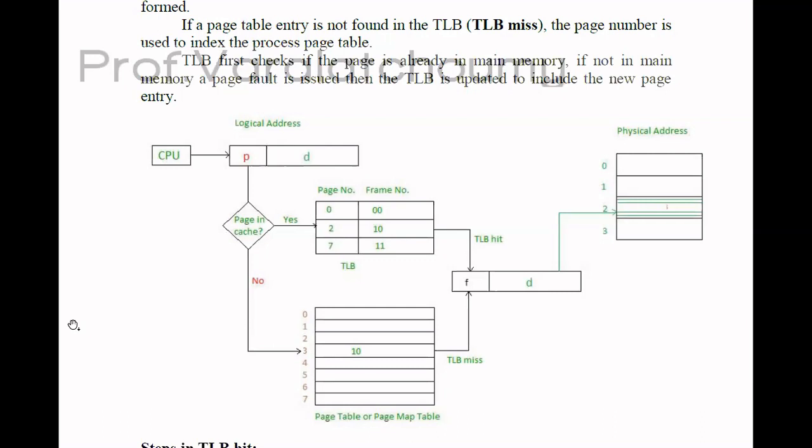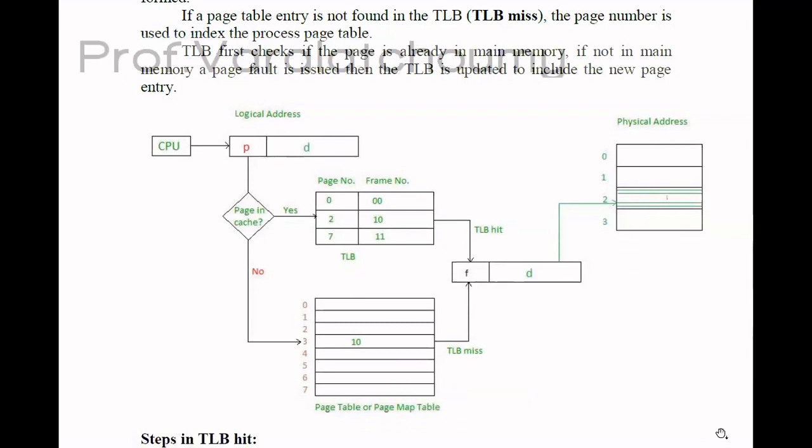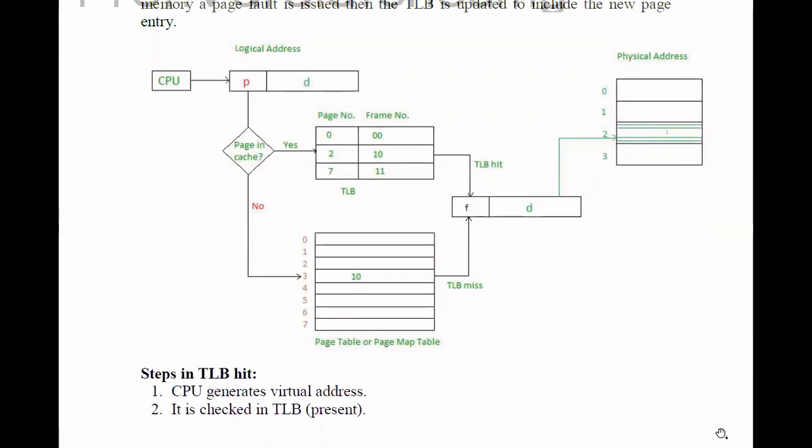Rather, it tries to access the frame number directly, and from there it goes to the physical address directly, which means here it is only retrieving once. It is not a double retrieval. It is not trying to search for the page table in the physical memory, but directly it is able to access the frame from the physical address.